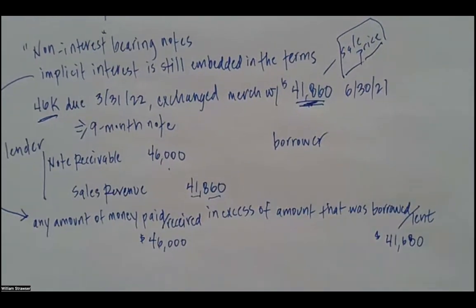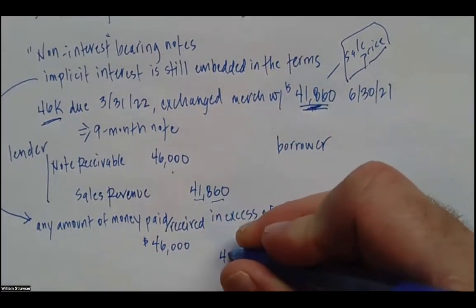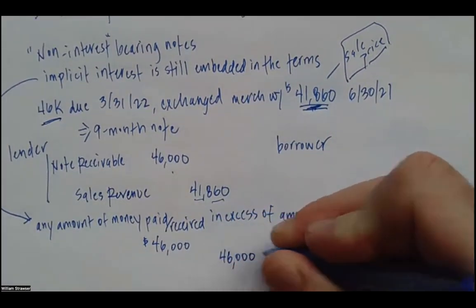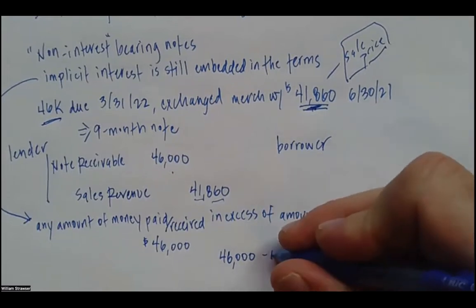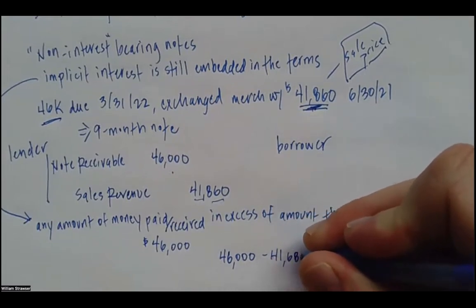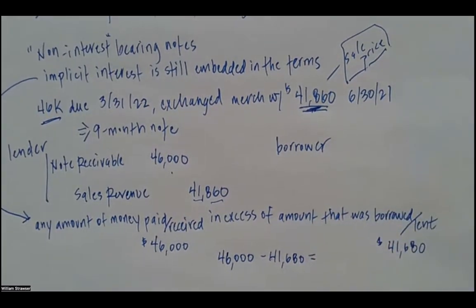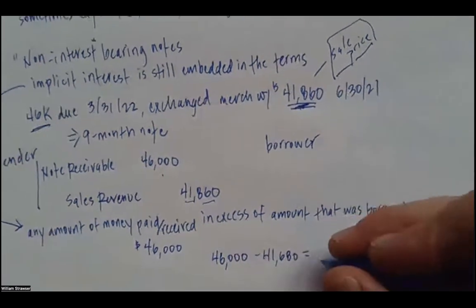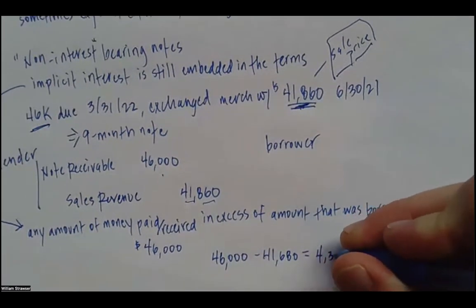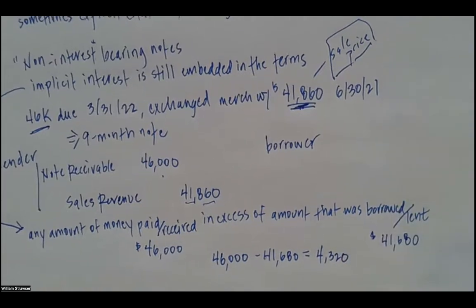So they effectively lent them $41,680, but they're going to receive $46,000 in the future. And so the amount of excess that $46,000 is over the sale price is the amount of implicit interest that is a part of this arrangement. So it comes out to $4,320.